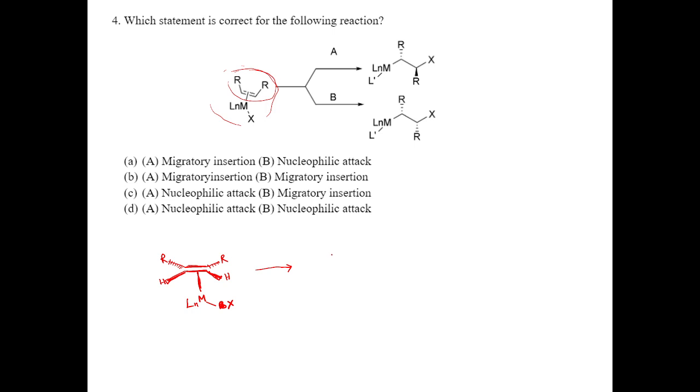If you see, this is actually an sp2 hybridized carbon, so from sp2 it is going to the sp3 hybridized carbon, right? If you write, then it will be like this, this will go, and this syn type of addition will be there, okay.